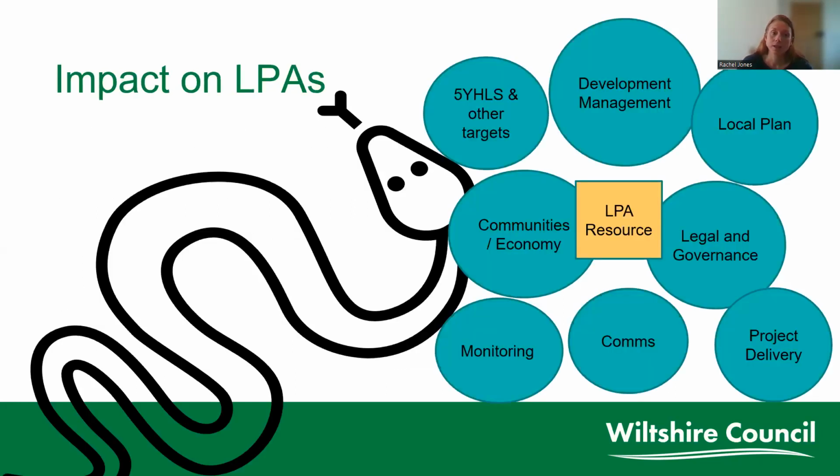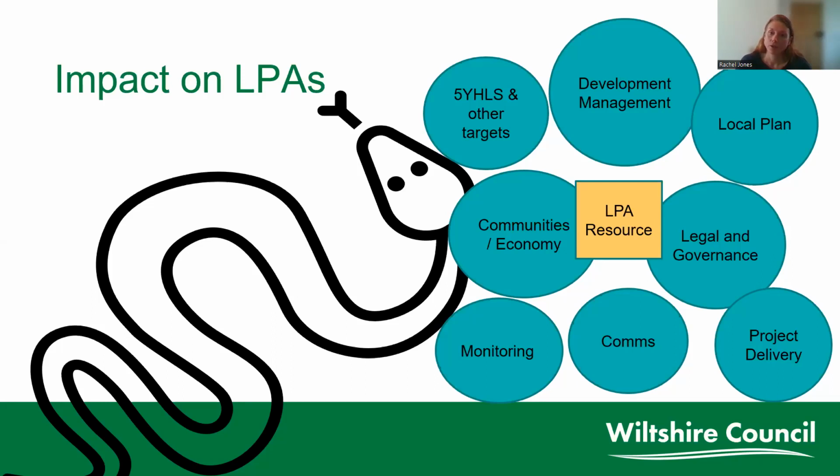And this slide is really just to highlight that a bit further. So the snake is basically to represent the water eutrophication problem in catchments, and often it is huge, perhaps not fully evaluated in terms of its scale. With a very small amount of local planning authority resource, nutrient neutrality permeates further than just development management issues.